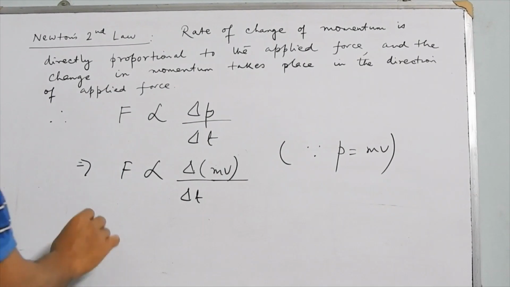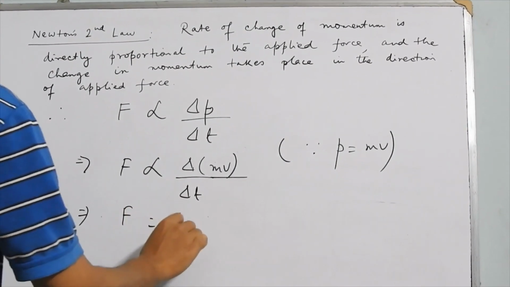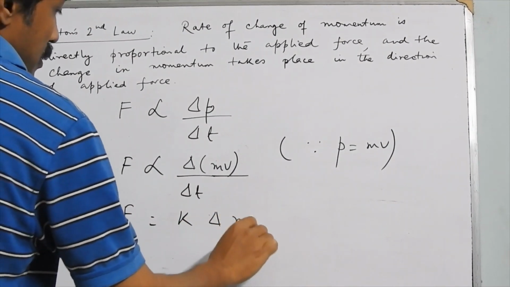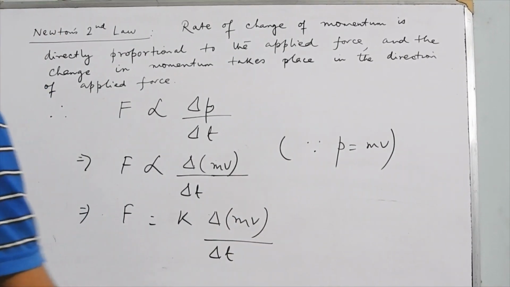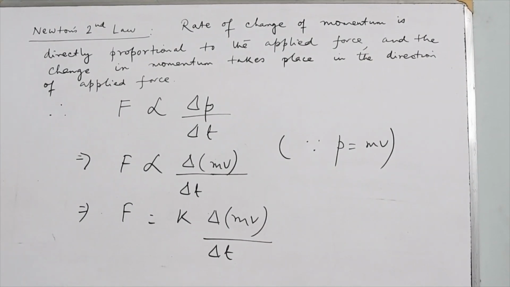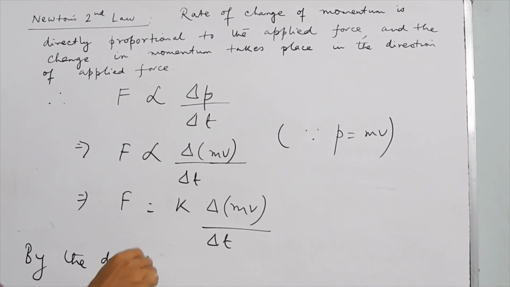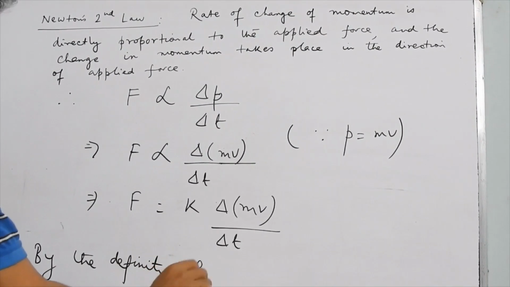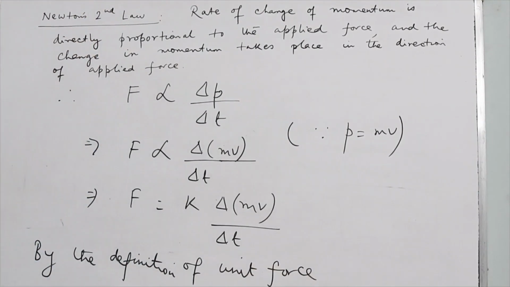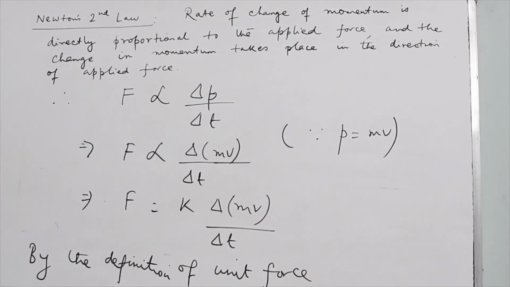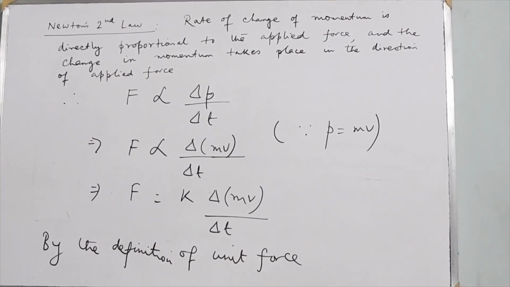Now, in order to remove this proportionality symbol, we multiply the equation with a constant. Now this constant is K, and when we choose the definition of unit force, by the definition of unit force, now unit force means a force that causes an acceleration of 1 meter per second square in a body of mass 1 kg.